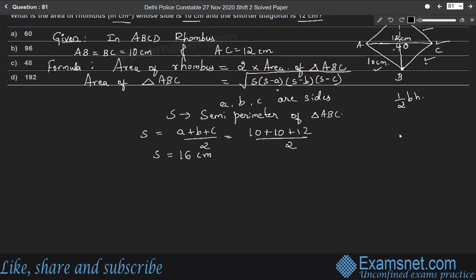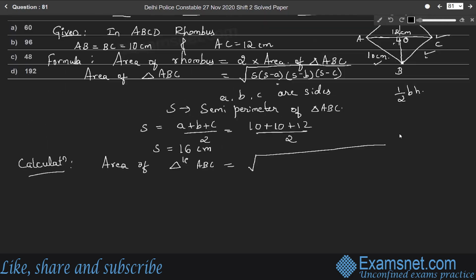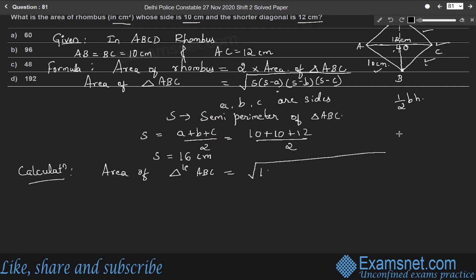Area of triangle ABC calculation. According to the formula, it is square root of S, the semi-perimeter 16, into 16 minus A which is 10, into 16 minus 10, into 16 minus 12.